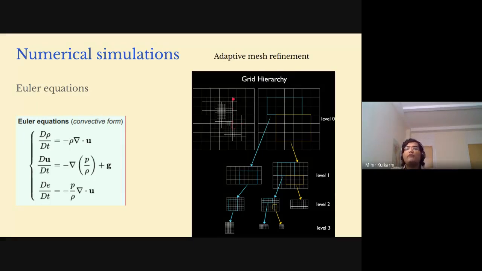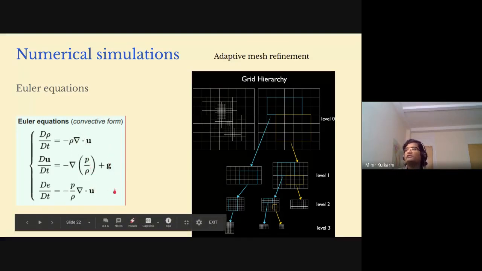Suppose you don't have this fancy smaller grid, but a uniform grid. That means that you have cells of equal size, and each cell has all the physical quantities associated with it. And you just evolve all those quantities with time, solving these equations of fluid dynamics.